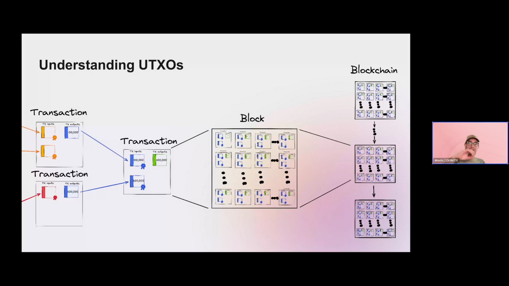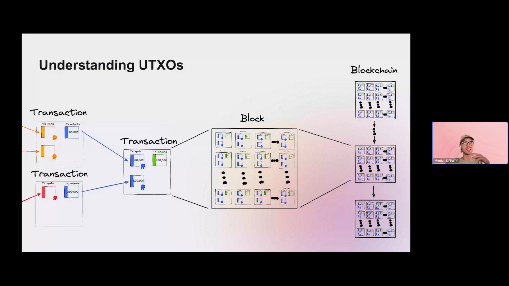And for that, she creates a transaction with the 2 UTXOs that we saw on the previous slide, so the 2 blue ones that are under this transaction here. She uses those 2 UTXOs as an input to this transaction. And there's a new UTXO that's supposed to belong to Bob, the green one, that is the output of the transaction.